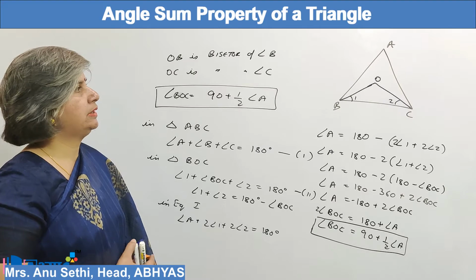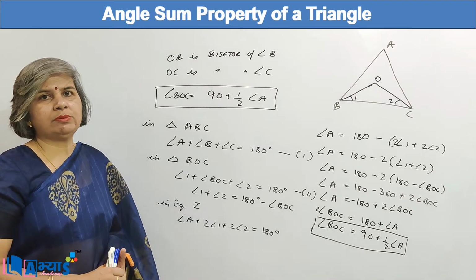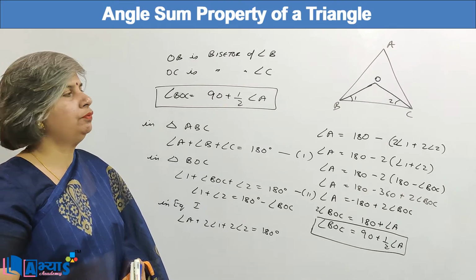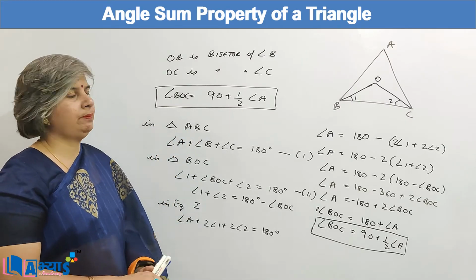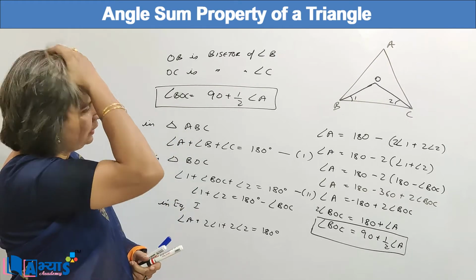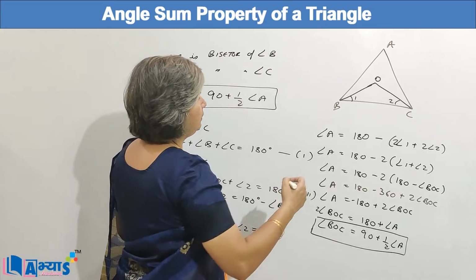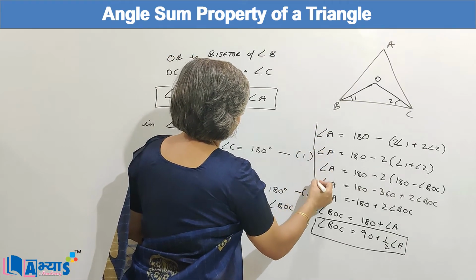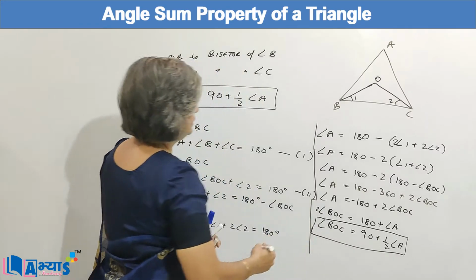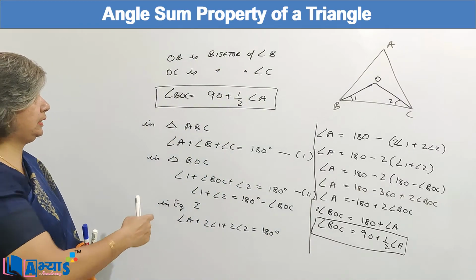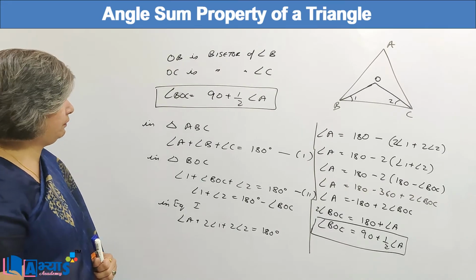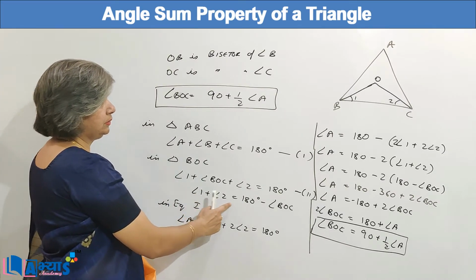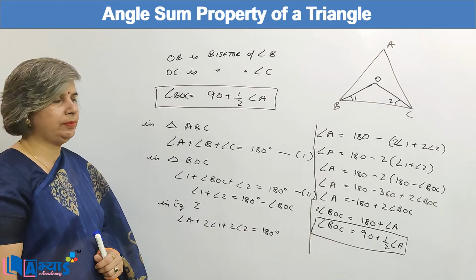To sum up the concept, we have applied the concept that sum of angles of a triangle is equal to 180 degree. So in triangle ABC, angle A plus angle B plus angle C is 180 degree. And similarly in triangle BOC, angle 1 plus angle BOC plus angle 2 is 180 degree, or we can say angle 1 plus angle 2 is equal to 180 minus angle BOC.